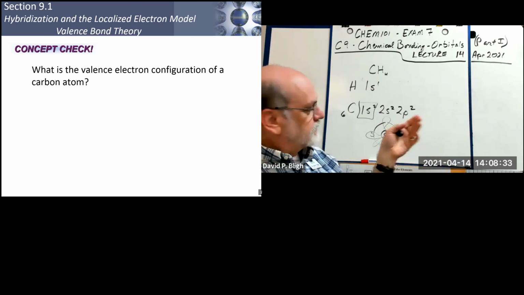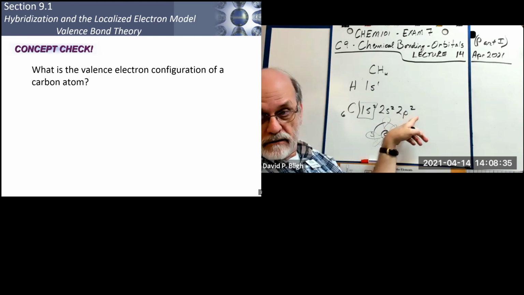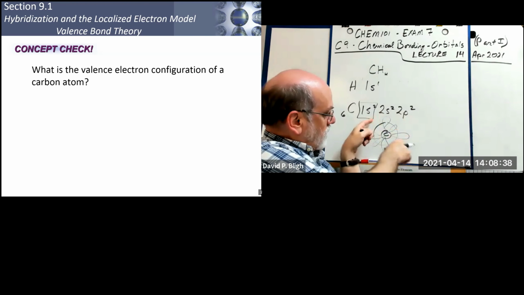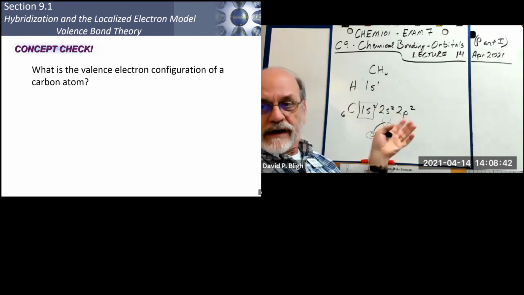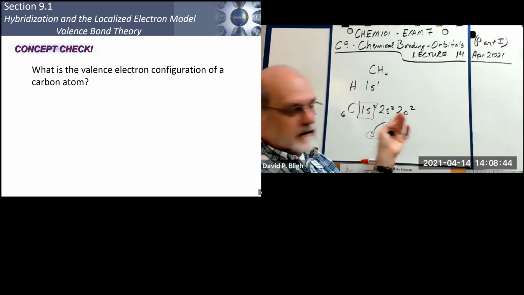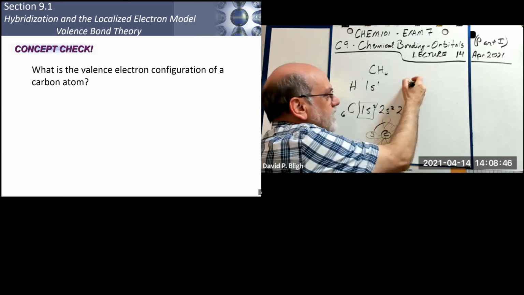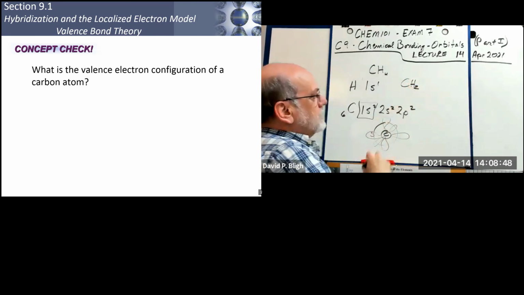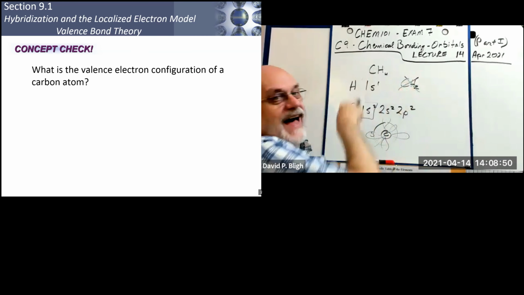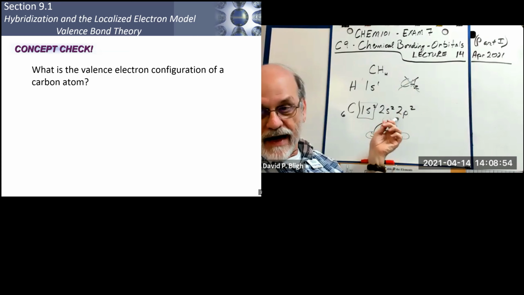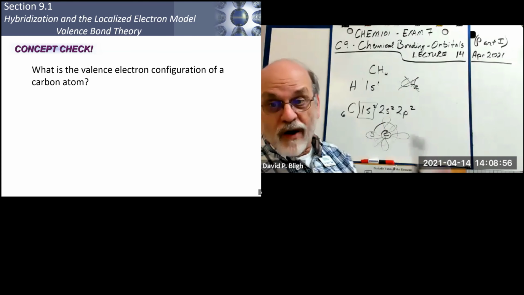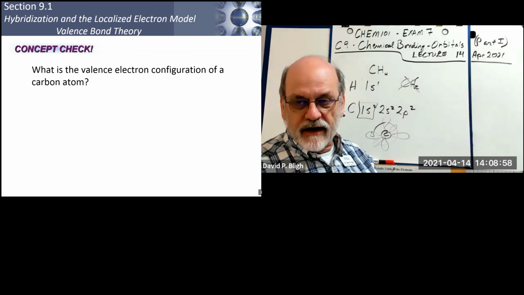What am I thinking? You can overlap 2 here with the p orbitals here. The s orbital's full. It can't overlap. So you can only get 2 bonds out of that carbon. Well, the molecule is not this. Molecule is that. So how do you get 4 bonds out of that? All right, that was the problem with the valence bond theory.